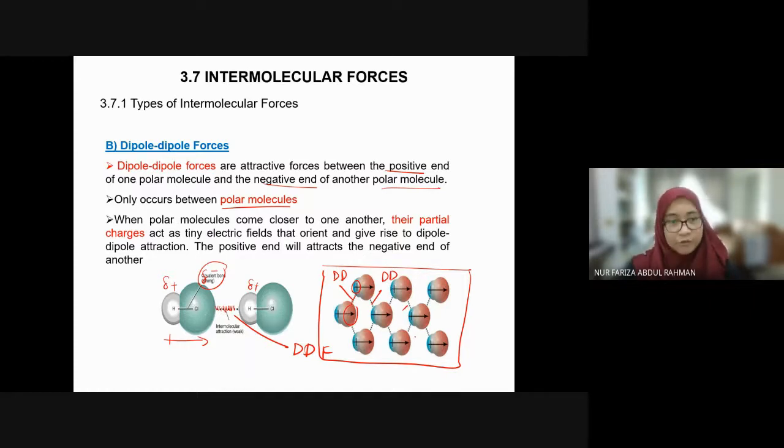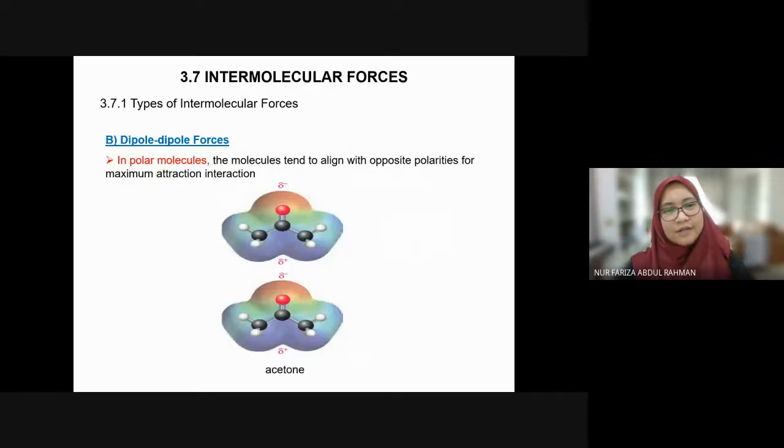So that's why it is very important for you to determine whether the molecule is polar or non-polar. Macam mana nak tahu polar atau non-polar? Kena go back to the previous slides. Sebab kalau you salah dekat polarity, that means you will salah dekat this intermolecular forces. Okay? Yeah, dipole forces again. In polar molecules, the molecules tend to align. I mean the molecule will align themselves so that they will be attracted to the correct ends.